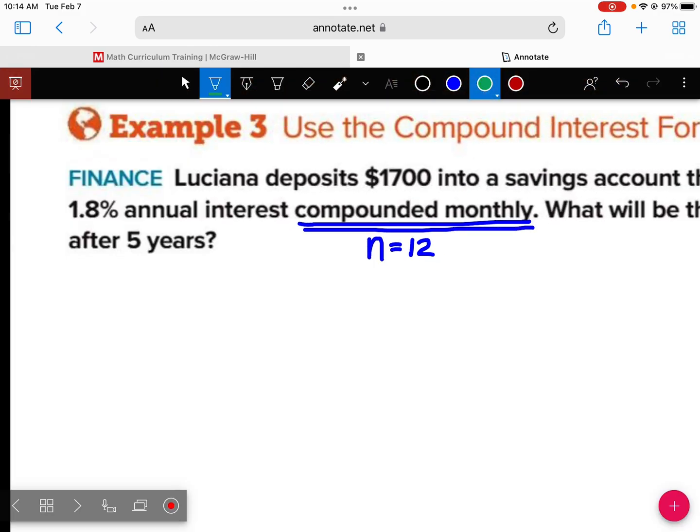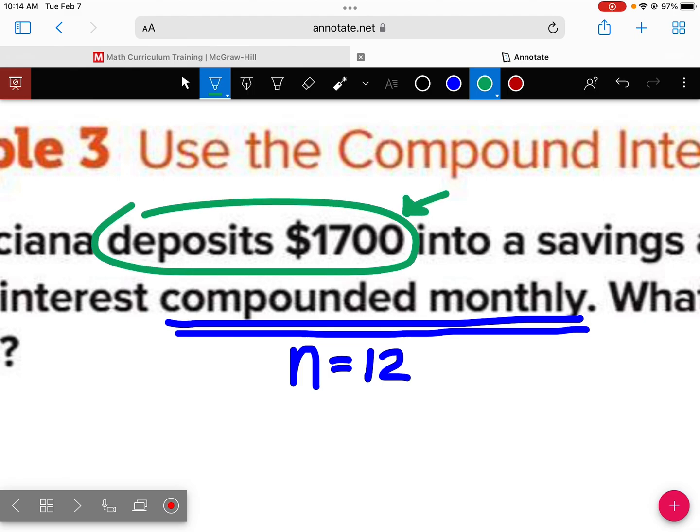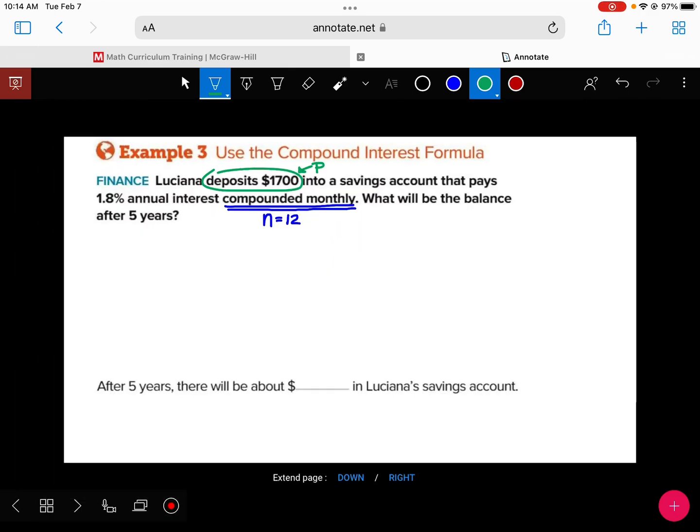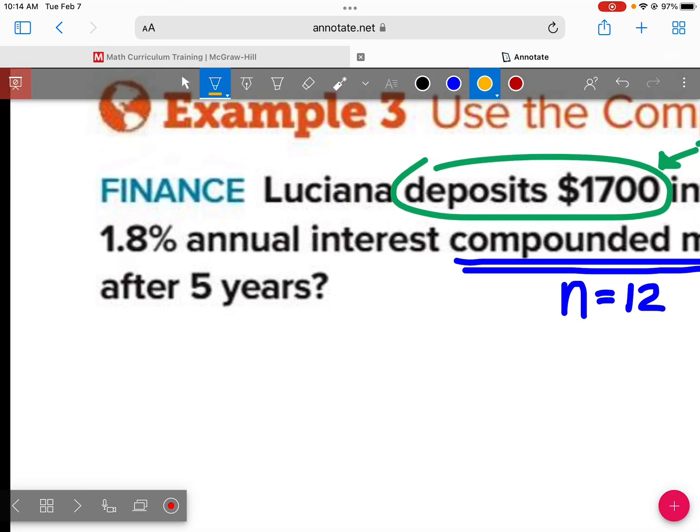What is the starting amount of money? What is the principal? 1,700. So here's P. What else are we going to need? The rate. Where do I go looking for the rate? What symbol next to a number do I need? Percent. But before I can actually use it in my equation, what do I need to do to it?